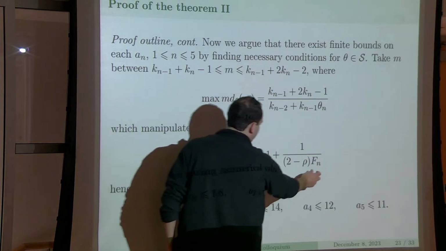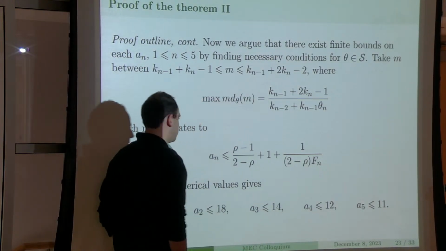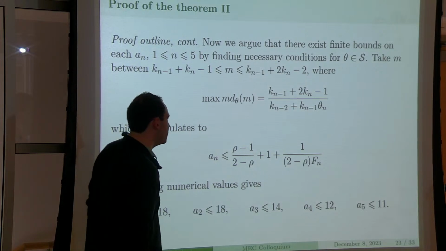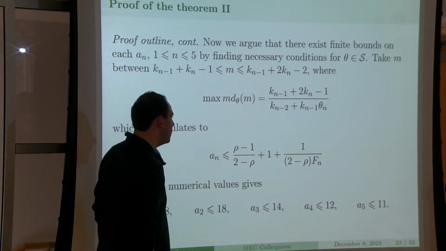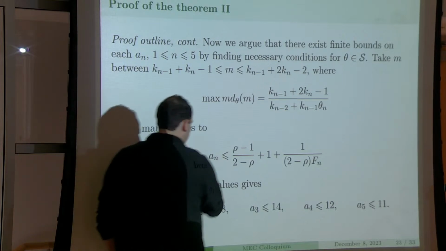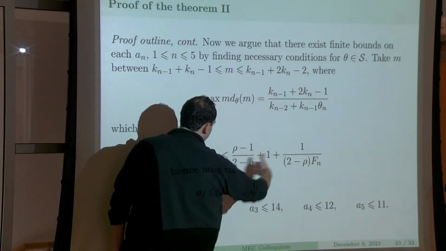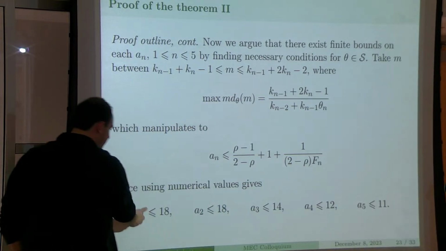Again, we're going to use the fact that these K_n grow super Fibonacci. And this is just more bounding, pushing the algebra around. But if we just plug in n equals 1, 2, 3, 4, 5, these numbers become these numbers.